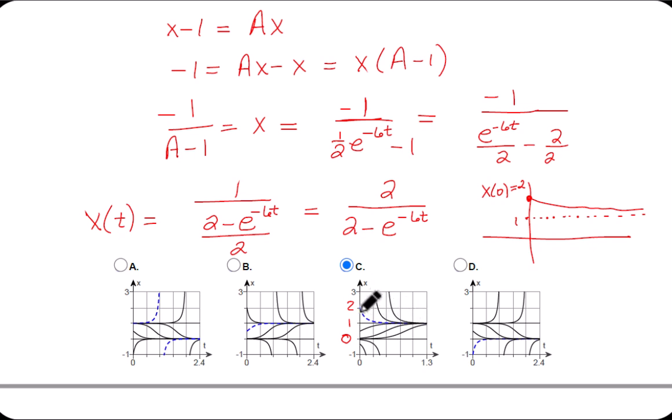And here in the little dotted blue is our solution starting off at time 0 of being 2. And you can see this here. If t is 0, this is e to the 0, which is 1. 2 minus 1 is 1. And 2 over 1 is 2.